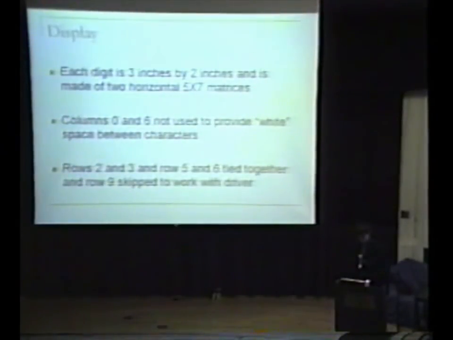This was to allow for white space when the 3 digits are placed next to each other. And then rows 2 and 3, and rows 5 and 6 were tied together because the two 5x7 displays created a 10x7, and the driver only works with 5x7 displays. So 4 of the rows were tied together, and 1 row was skipped at the end so that it would make 7.